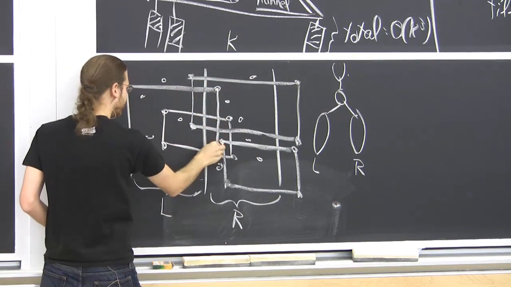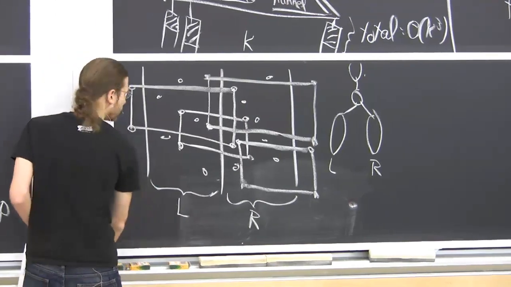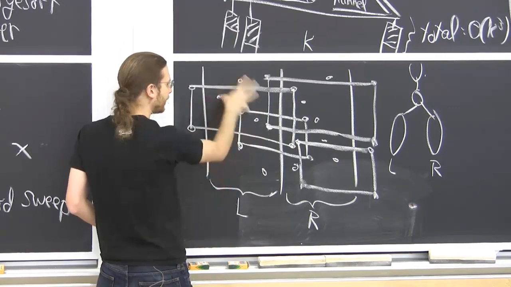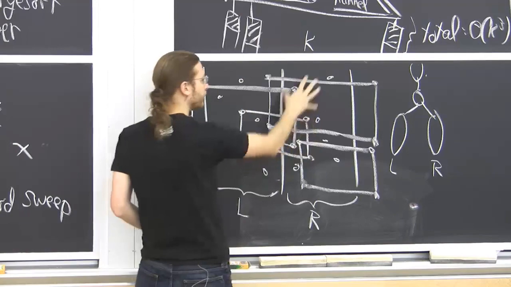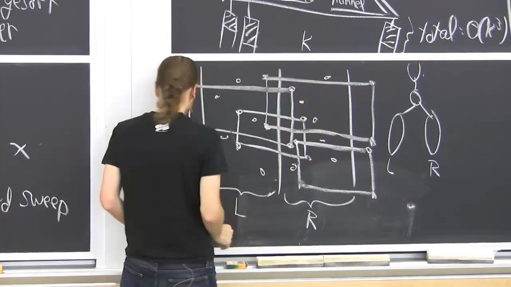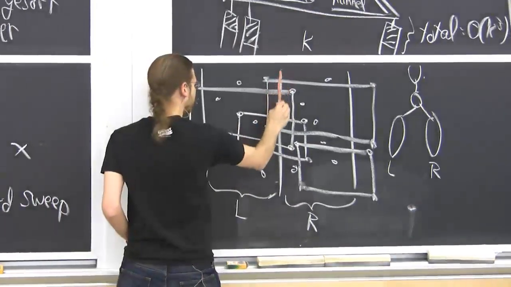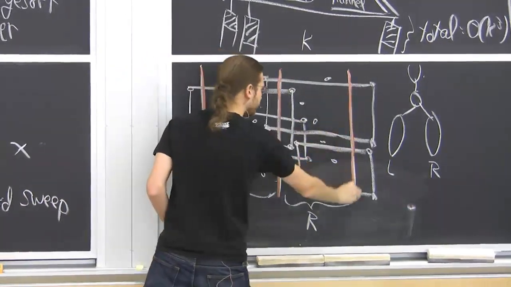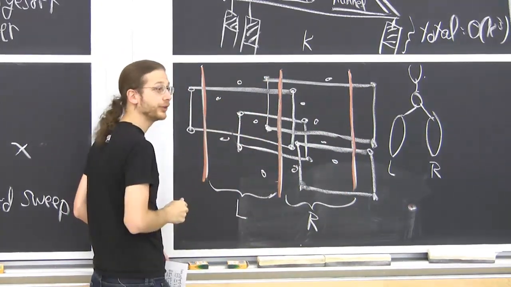We have whatever we want on the points and corners in this slab, and in this slab. Let me add a little bit of color to these lines. And now we want to merge these two things.